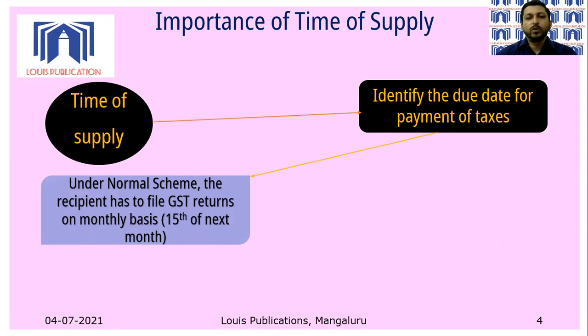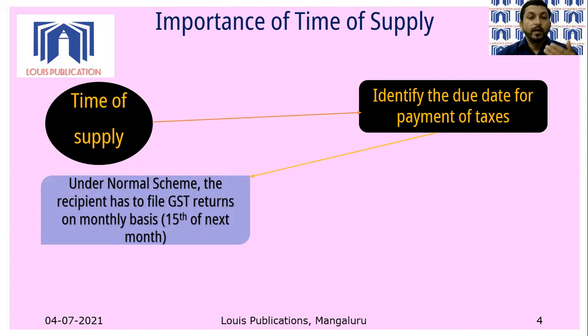Now, when you talk about the composition scheme, the number of transactions is comparatively less. The supplier who is registered under the composition scheme, section 10, is not supposed to collect GST from his customers, but he is liable to pay GST on his transactions based on different rates available as per section 10.